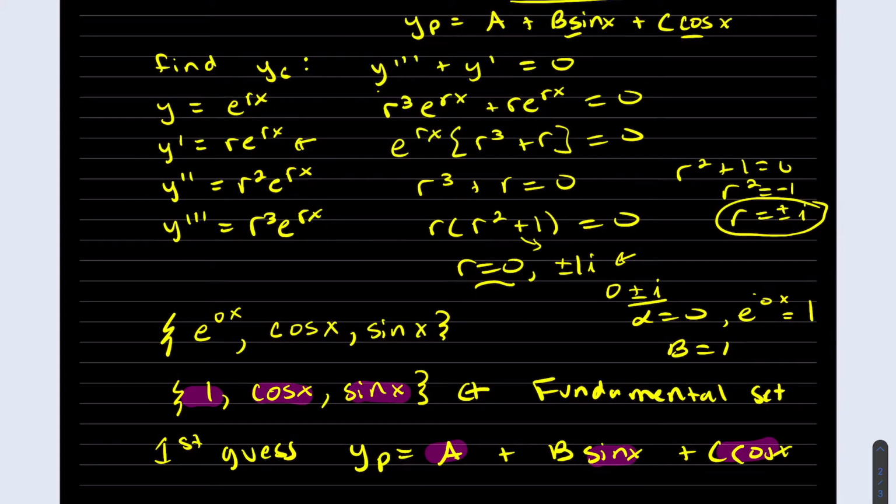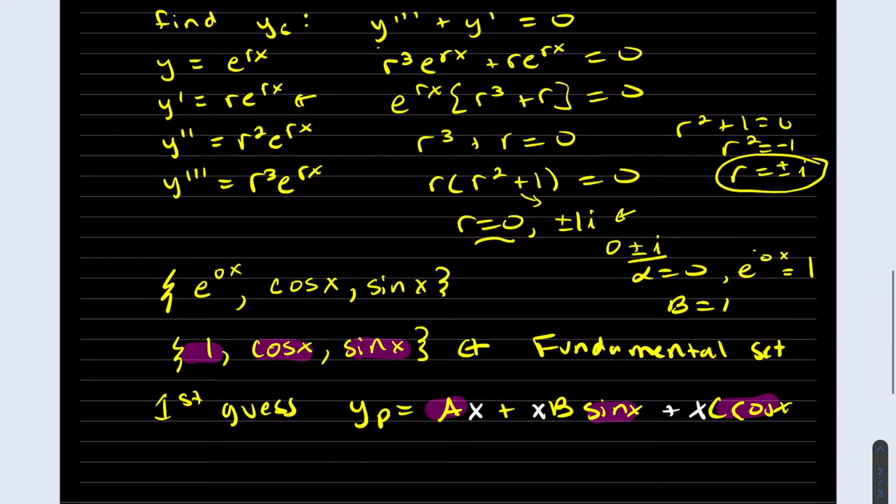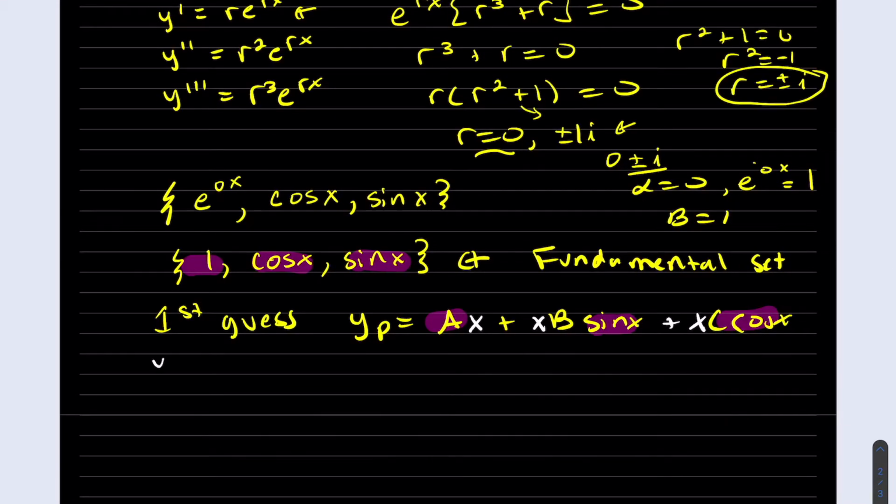I think x will take us out of that one and these two. So we put an x on the b and an x on the c, and that should do the trick. So our particular solution will be ax plus bx sine of x plus cx cosine of x.